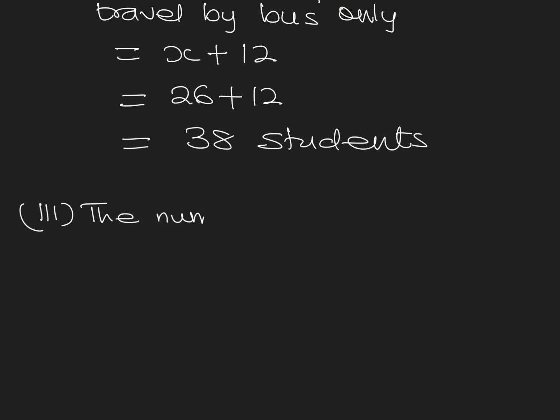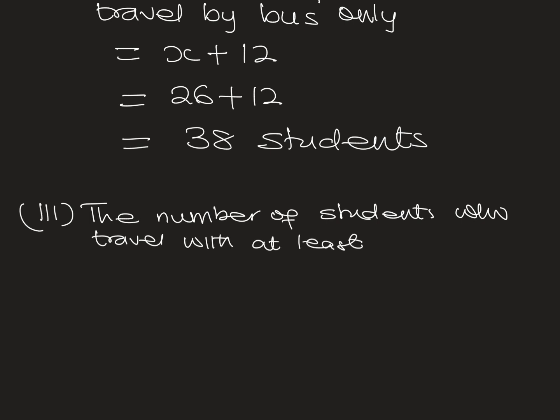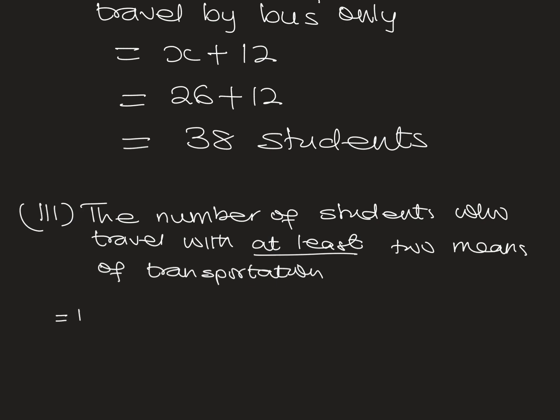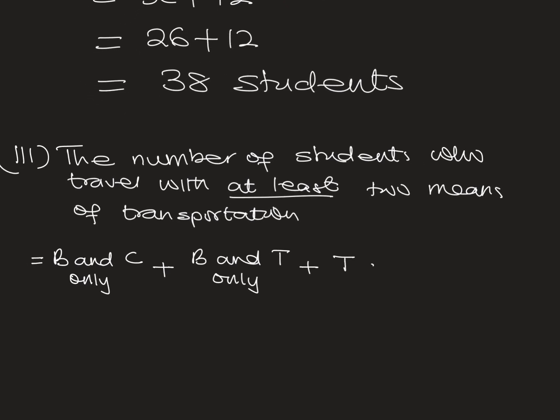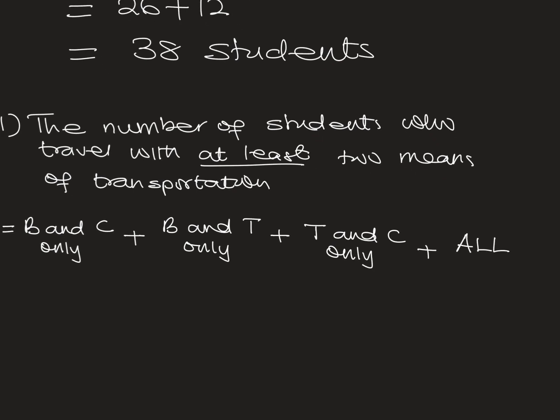The number of students who travel with at least 2 means of transportation, we said that is going to be bus and car only, plus bus and train only, plus train and car only, and plus all the 3 means of transport.